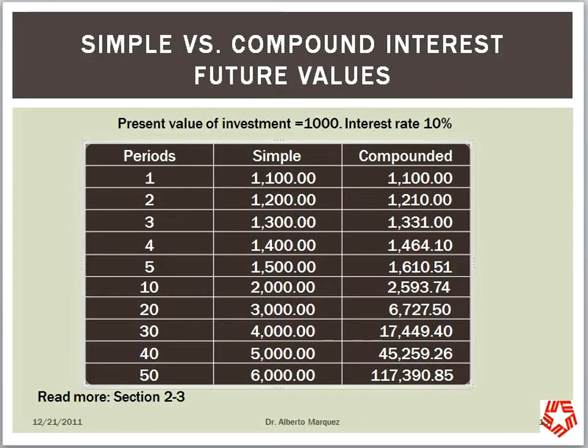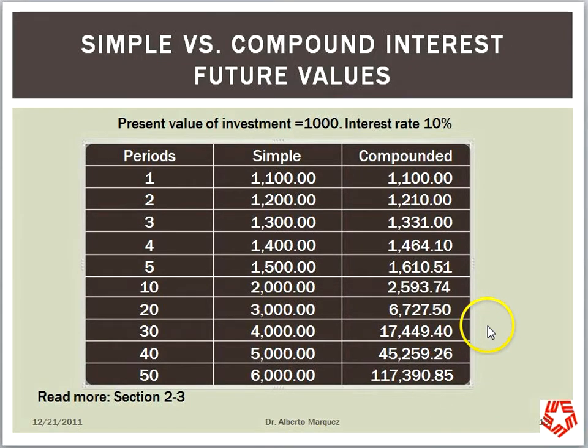In a more dramatic case, if you decide to wait up to 50 periods at 10%, you would end up with only $6,000. Compare that to $117,390.85. So this is the real power of using compounded interest rates.